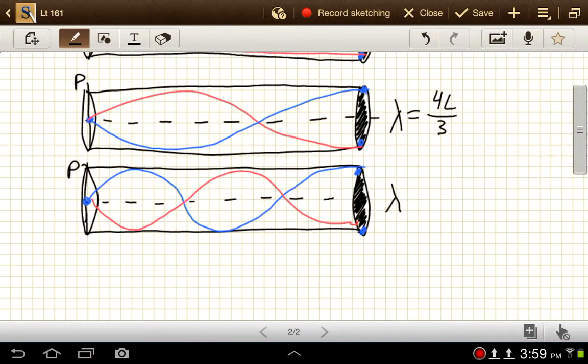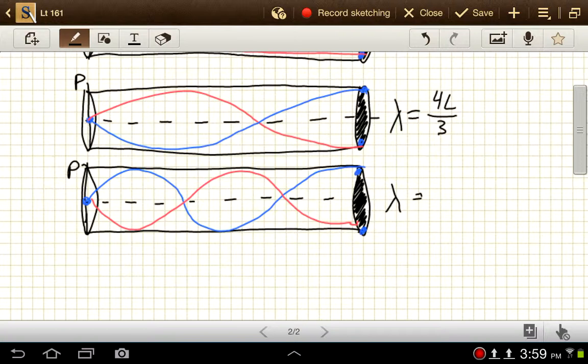So if I needed a whole wave, I would need 4/3 of this distance L. And then last up here for this set, we've got one whole wave, a bump up, a bump down, and then a half of a bump up, so another quarter of a wave. So that one is 5/4 of a wave that fits into this space L. So to have just one wave, I would need a little less space.